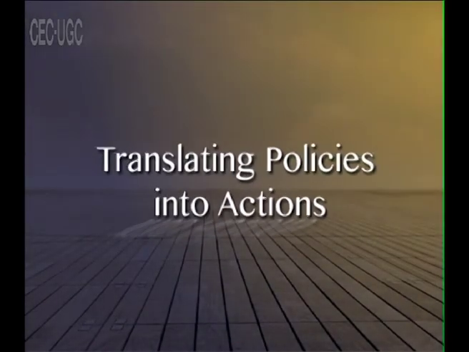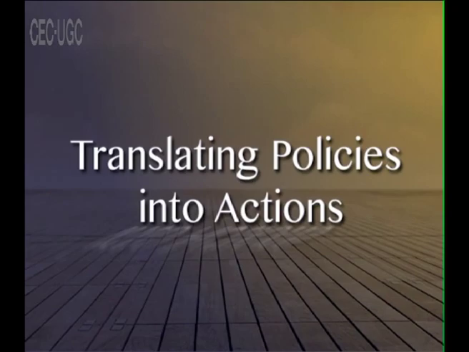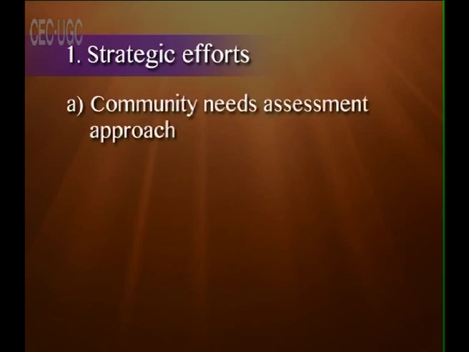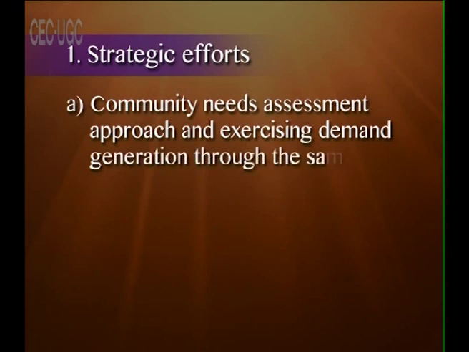Now coming on to a very important topic, that is translating policies into action. In order to translate the policies into specific actions, we may divide into three themes as under. 1. Strategic efforts, which may be divided as under: A. Community needs assessment approach and exercising demand generation through the same.